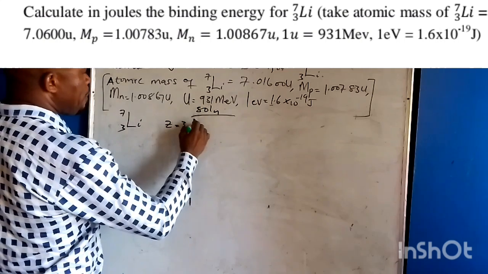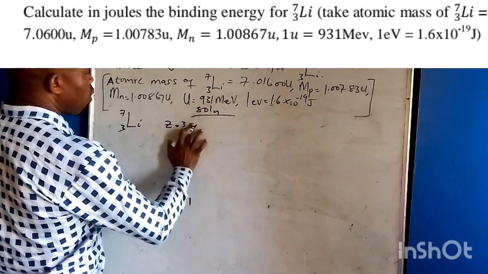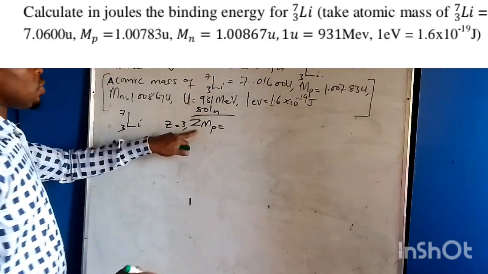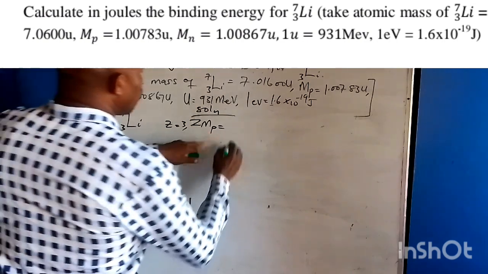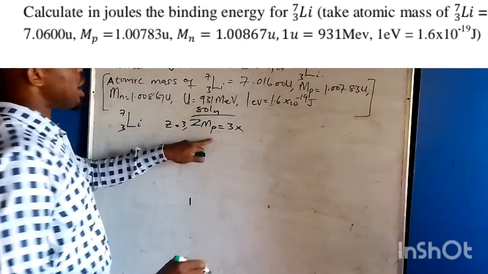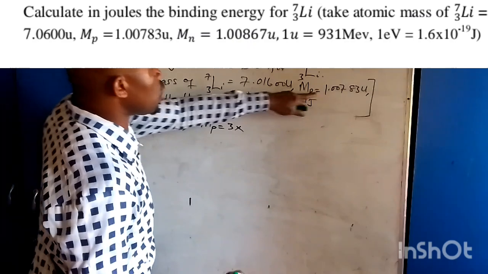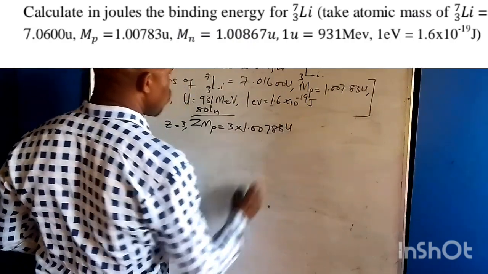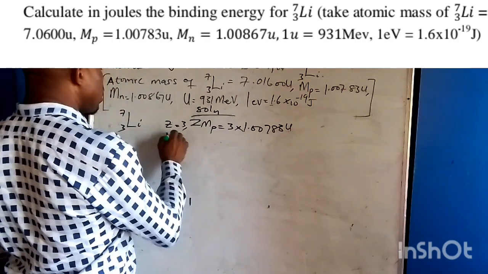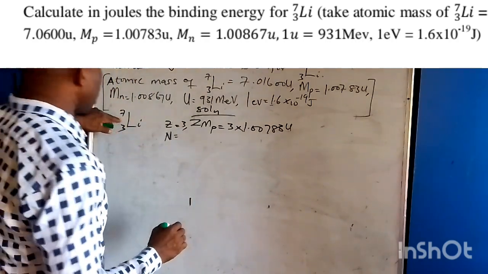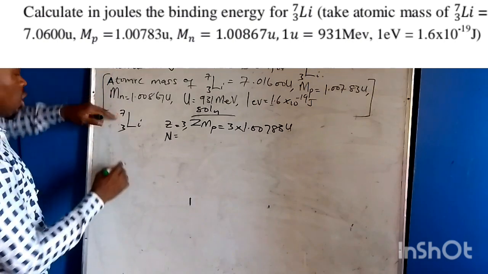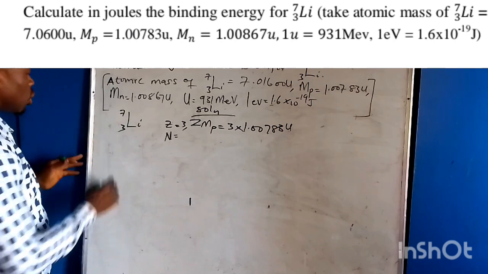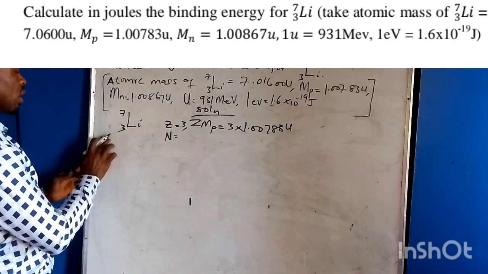Now ZMp will give us 3 times the mass of the proton, which is 1.00783 U. Now N: this 7 here is made up of the neutrons and the protons, so 7 minus 3.